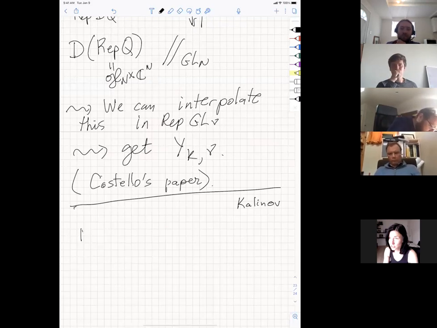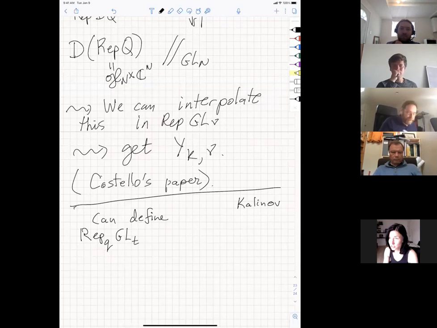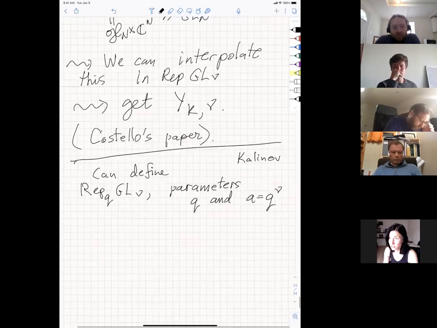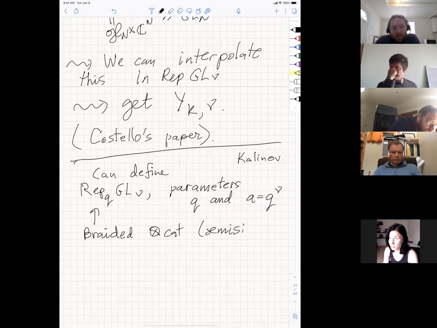So you can define in the same way Rep_q GL nu, and this will depend on parameters q and A, which is q to the nu, and this is going to be a braided tensor category, which is semi-simple if nu and q are generic.